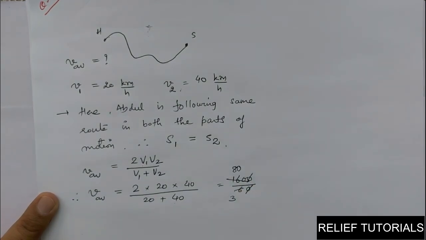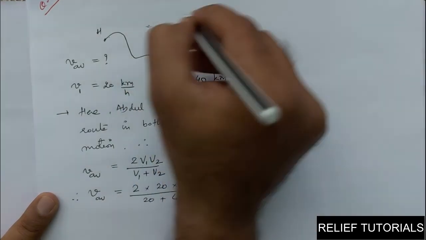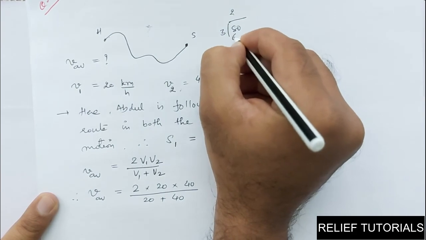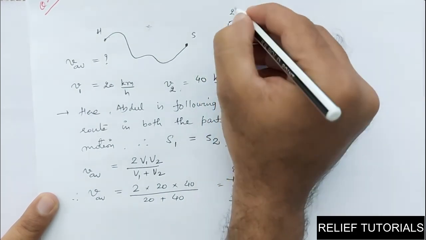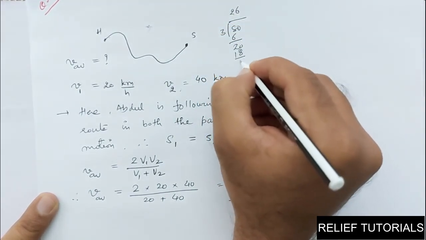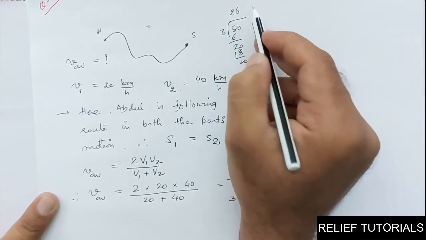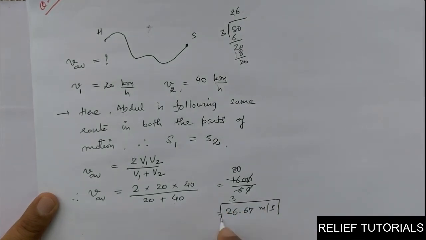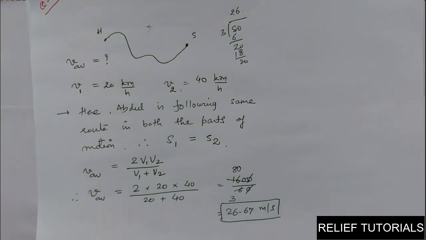Yes. So it is 80 divided by 3. 80 divided by 3, 3 2s are 6, 2 left, 0, 3 6s are 18, 2 left, 0, so it will be 26.666. So we can write 26.67 meter per second is the average speed of Abdul's whole trip.